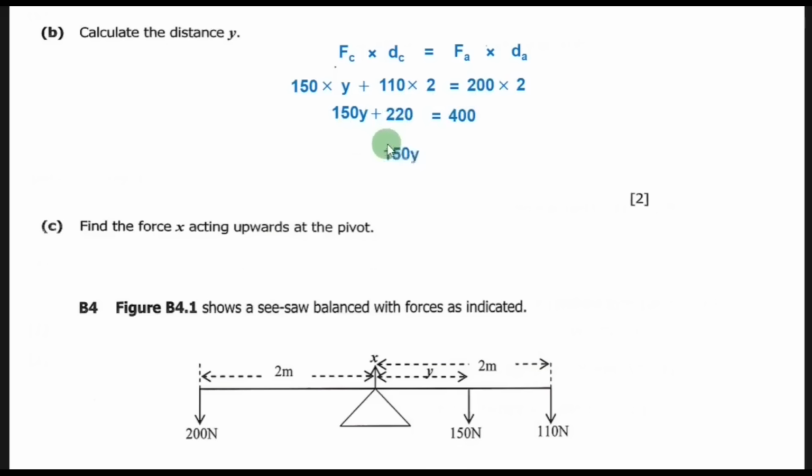So 150y is equal to 400 minus 220, which will be 150y equals 180. So divide by 150 so that we remain with y only. So y is going to be 1.2 meters. So that will be the distance there, guys. Calculate the distance y: 1.2 meters.